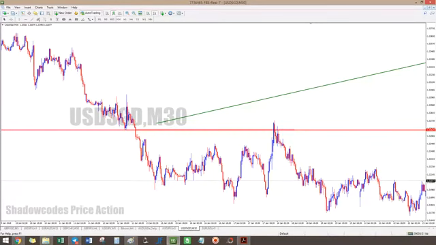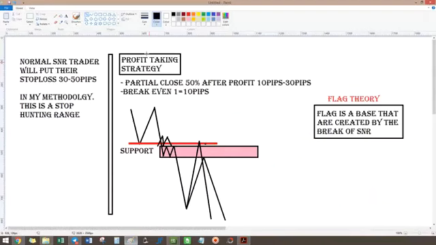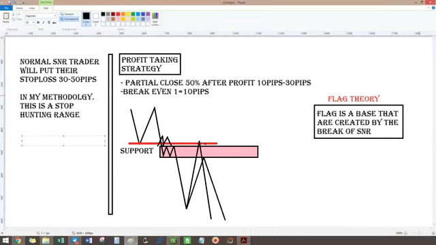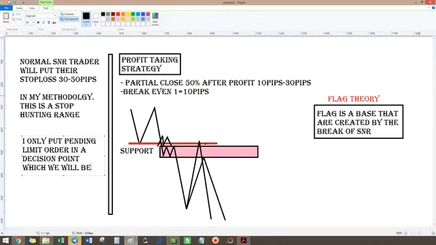I will put the limit order. I will write this down, so you need to note it down. I only put pending limit orders at a decision point, which we will be learning in chapter 2.